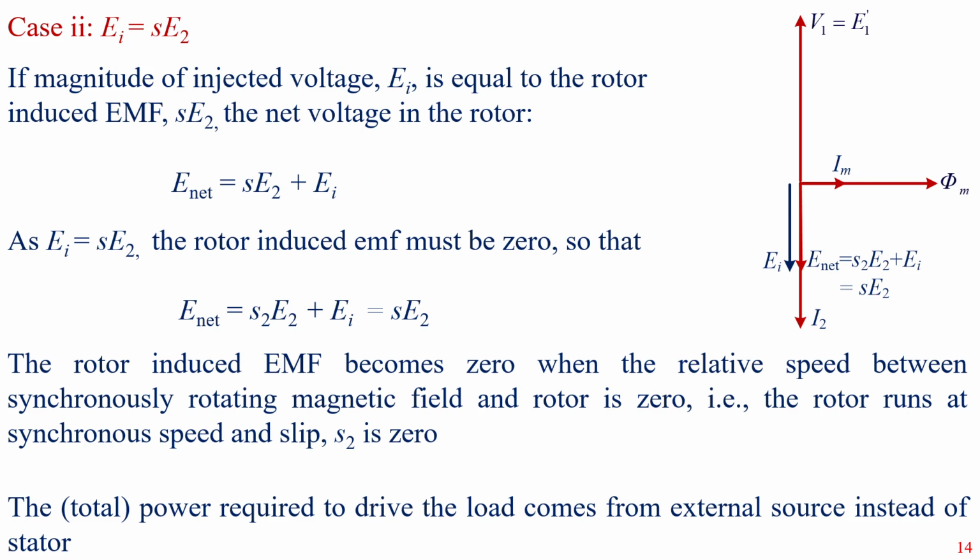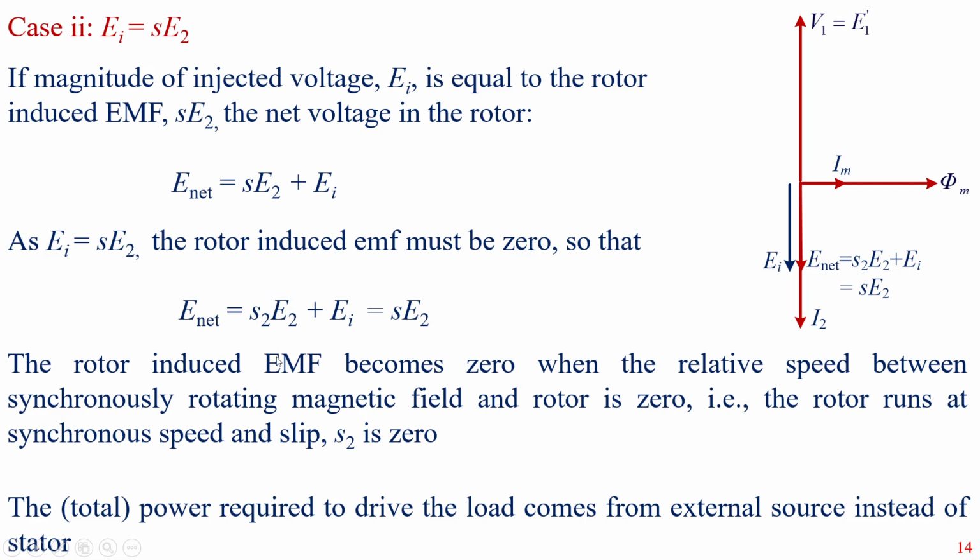Here in this slide, the magnitude of injected voltage is equal to the rotor induced EMF. The net voltage in the rotor equals the rotor induced EMF plus the injected voltage. So as the injected voltage itself equals SE2, the new rotor induced EMF must be 0.